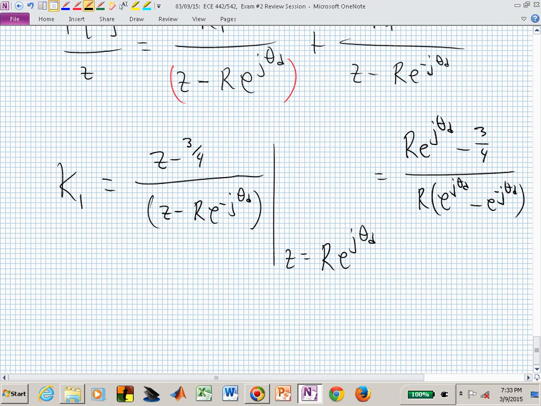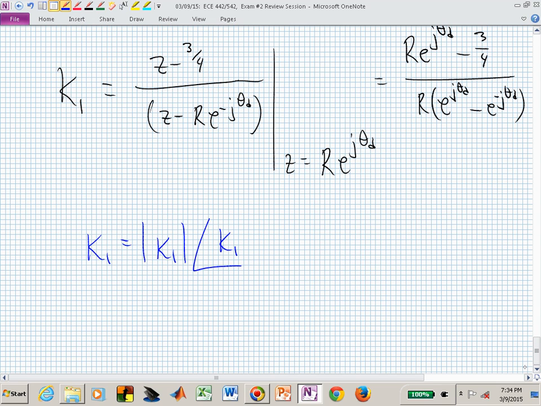And if it's complex, then we can write K1 as a magnitude at an angle. And that's the notation that I will use. For K1, if K1 is complex, then we can find the magnitude of that complex number and the angle of that complex number.